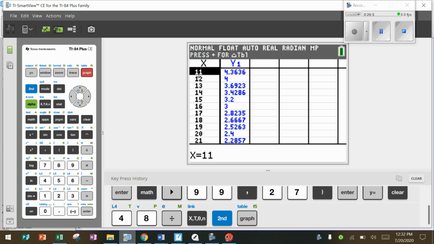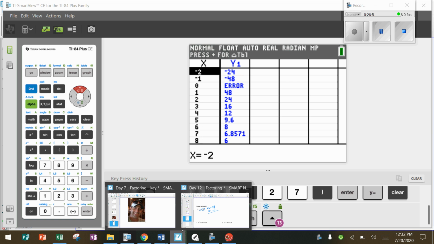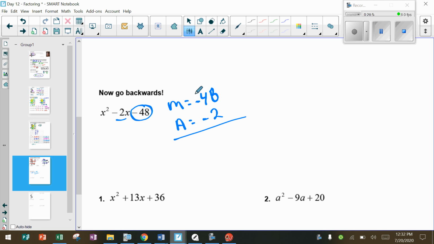So 12 plus 4 makes 16. That's not negative 2. 16 plus 3. That's not negative 2. So I'm going to go down because I need two values that multiply and create somehow a negative 2. Now, if I remember correctly, they have to multiply to be a negative 48, which means one of them's positive, one of them's negative.